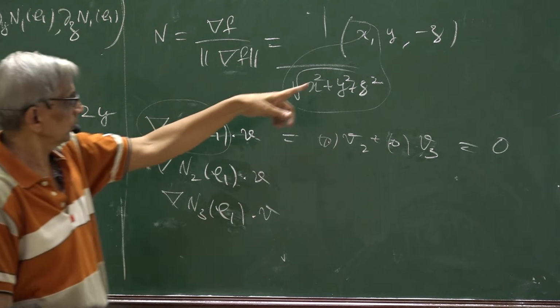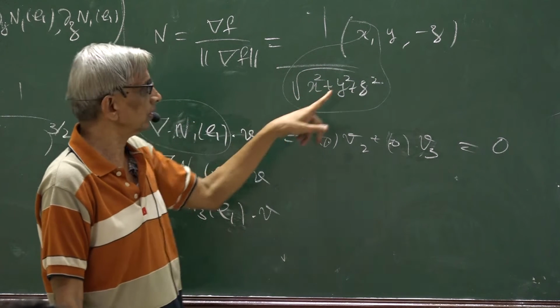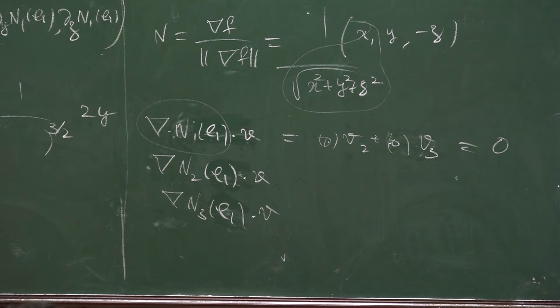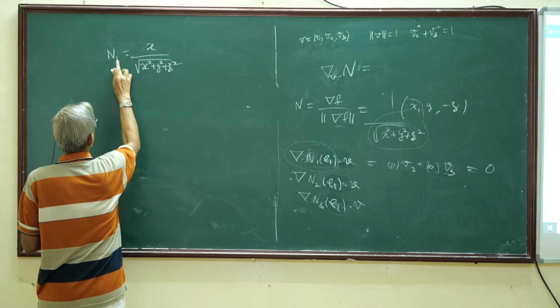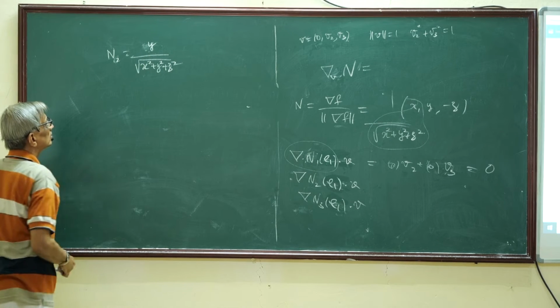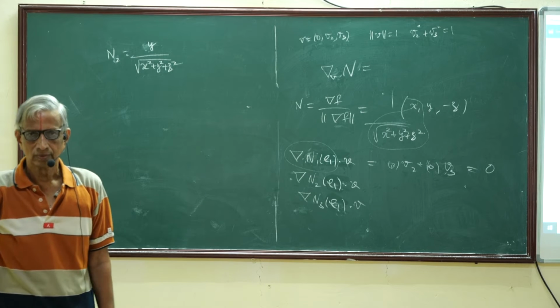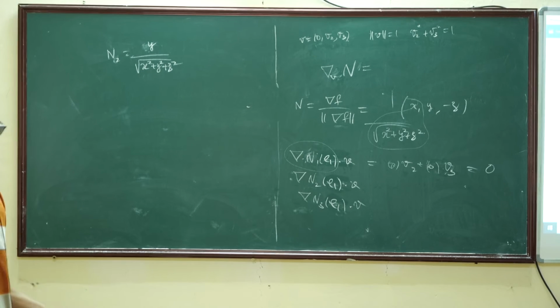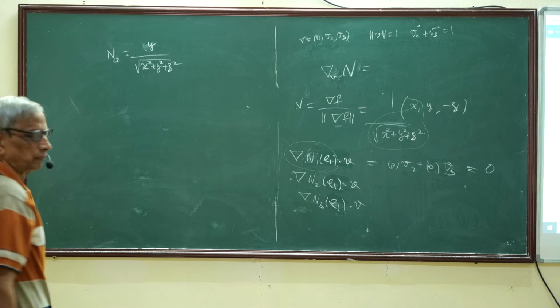So now your n2 is y over this. So again you calculate only the derivative with respect to y and with respect to z.